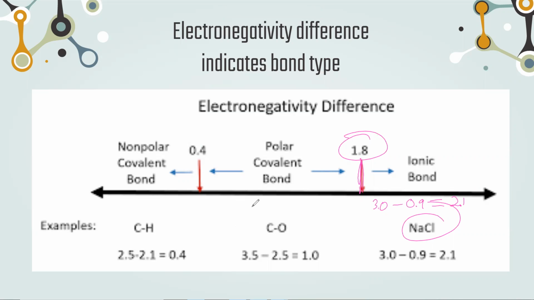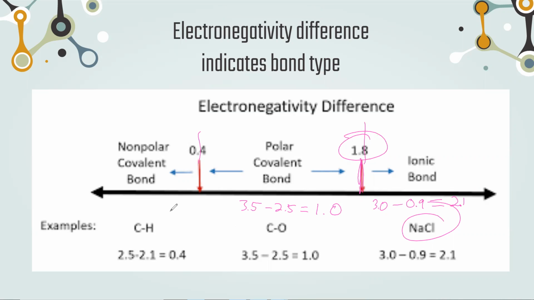Comparing that with this here, this CO bond, carbon has an electronegativity value of 3.5 versus oxygen of 2.5. So that's going to be a 1.0 difference, okay? And that falls between this line here and this line here, meaning it's a polar covalent bond in nature.